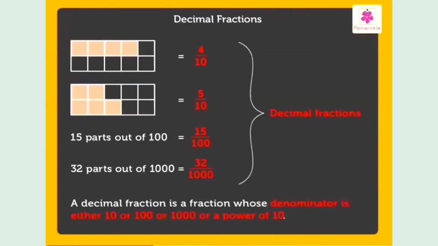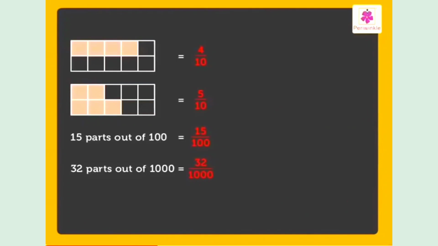10. Kids, these decimal fractions can be represented in another form. Here, 4 upon 10 is represented as 0, then a point, and then 4, and is read as 0.4.